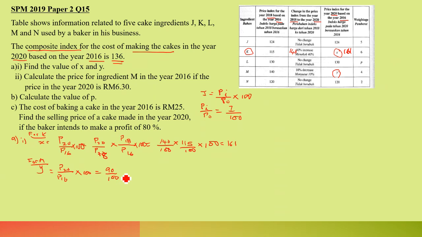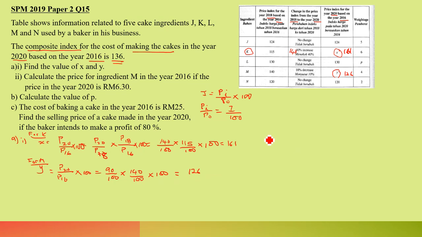For the previous years, from 2016 to 2018, it's 140 over 100 times 100. So what you will get is 126. So this is your Y, 126. So you already found your X and Y. Now we need to look at the next question. This is X and Y, question 1.